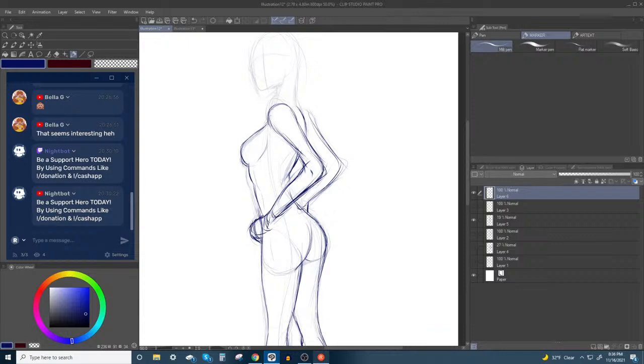It doesn't look right because the angle is off. We want to make sense of this. Oh, I see where the problem is. Okay, because based on what we're looking at here, the arm's here. The hand's supposed to be here. So what we're gonna do is probably grab this, and then what we're gonna do.